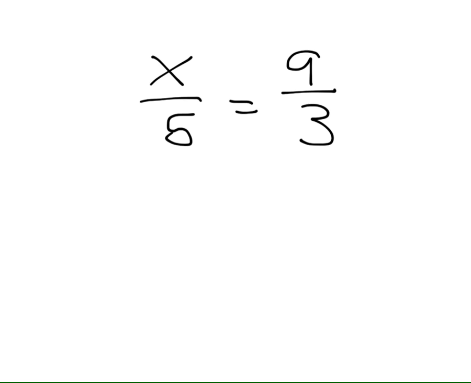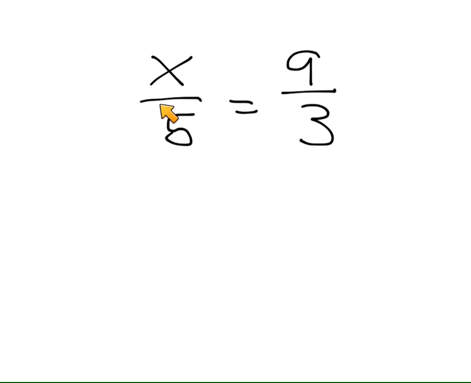So let's say I wanted to solve for x here. So this is just solving an equation, but it happens to be a proportion, a specific type of equation. It's two ratios that are equal to each other. And I want to solve for x. I want to know what can I put in for x that would make this proportion true. Anybody know how we go about solving this?